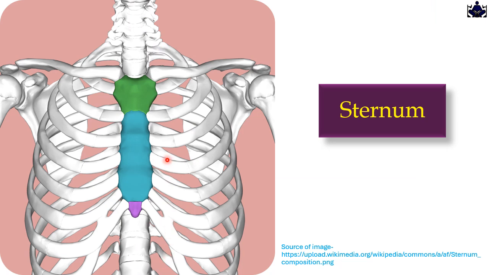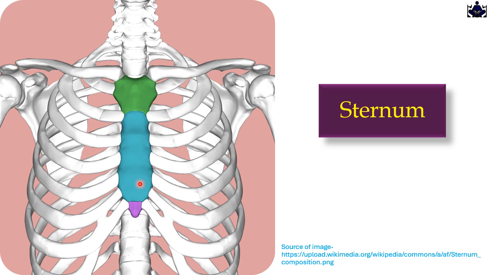Now, the third part of the chest cage, or rib cage, or thoracic cage: the sternum. The sternum is placed medially in the chest region. It is a flat, narrow bone around 15 centimeters in length.